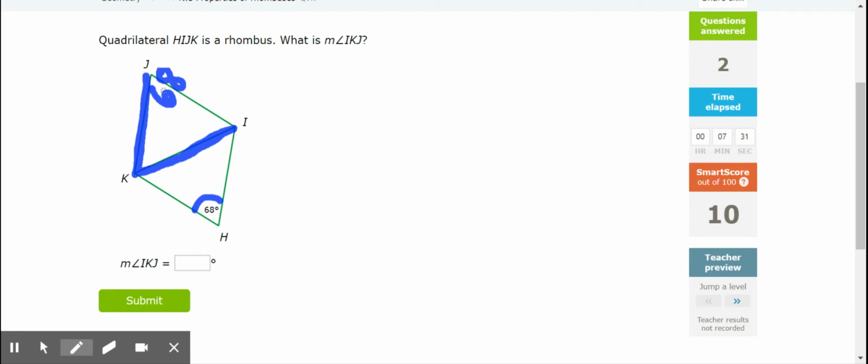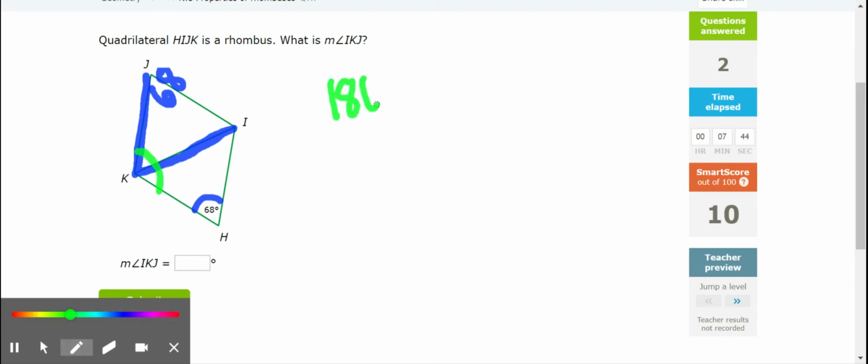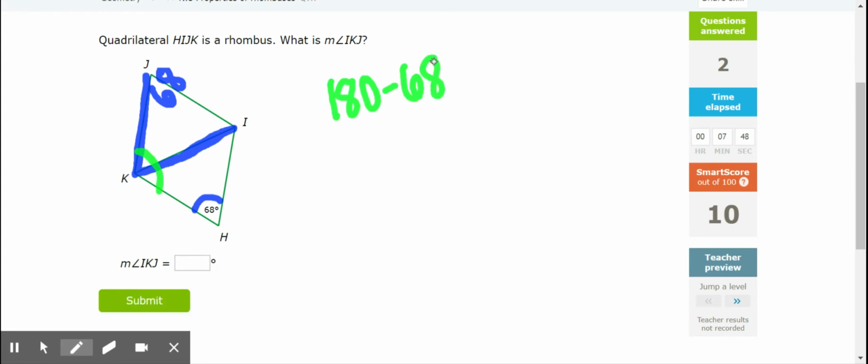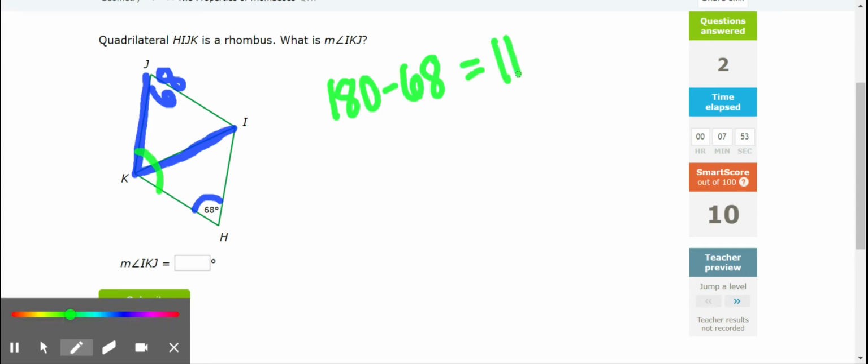And if this angle is 68, then I know that this whole angle right here has got to equal 180 with 68. So 180 minus 68 is 112. That means that this whole thing is 112.